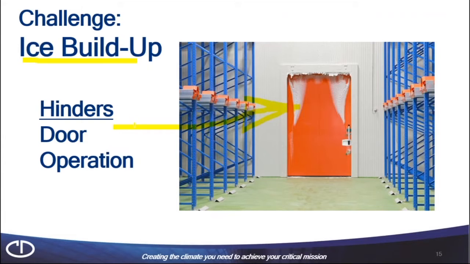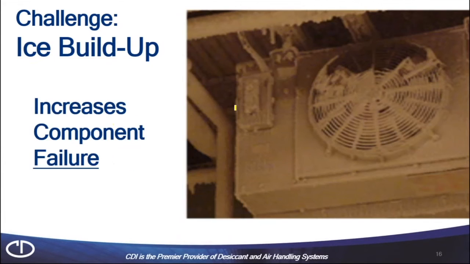That ice buildup is going to increase component failure, as you can see in this photo with the evaporator fan. As the ice builds up on the leading edges of the fan, it can and will become unbalanced. The fan blades will wobble and break potentially, and or the motor bearings. So we're going to increase component failure by that ice buildup.